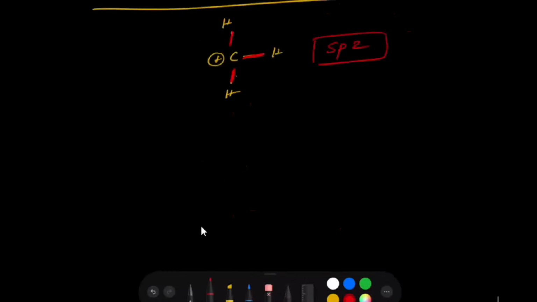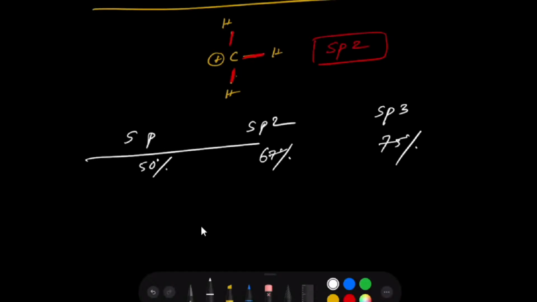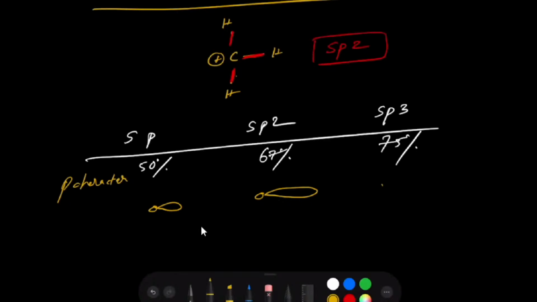In sp, p character is 50%, in sp2 p character is, I think, 67%, right? And in sp3 p character is 75%. So this is p character. SP will be a little bit short like this, SP2 will be a little bit longer, and SP3 will be longest. Okay, keep this in mind.